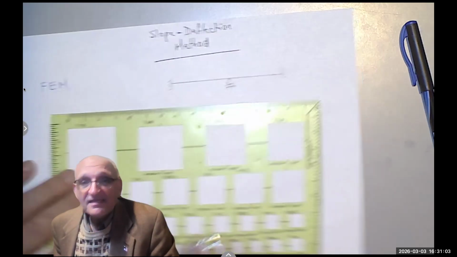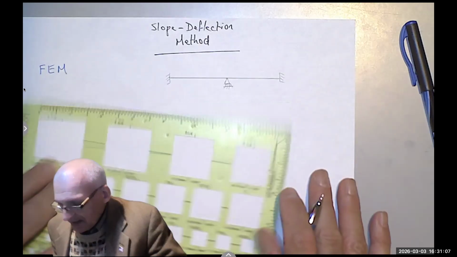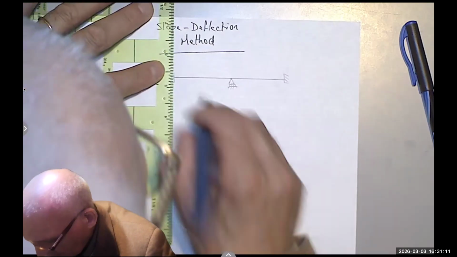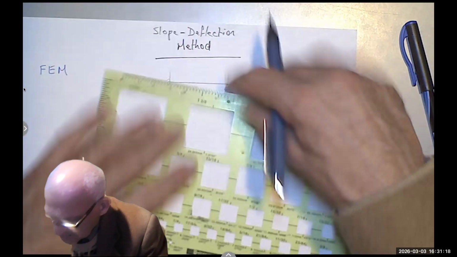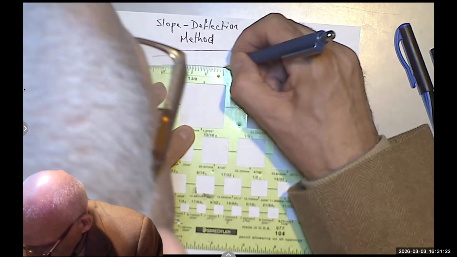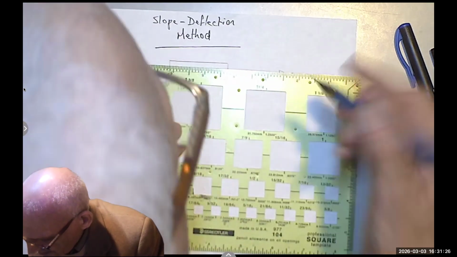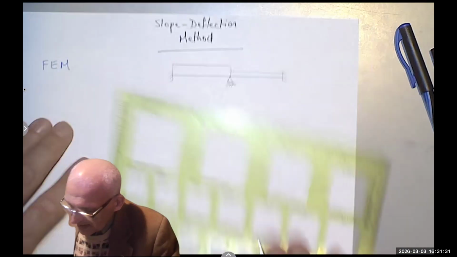And let's say that this beam is loaded as follows. I have a distributed load on the left side, and a different distributed load on the right side. So maybe the left is larger. Doesn't matter, you can do either way.